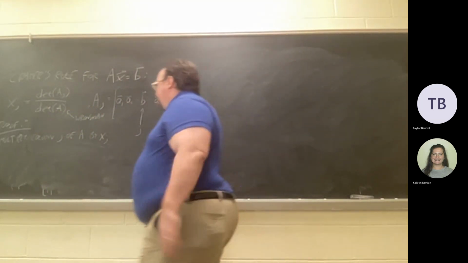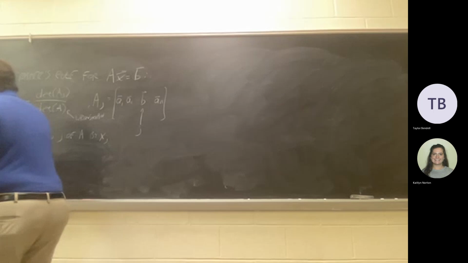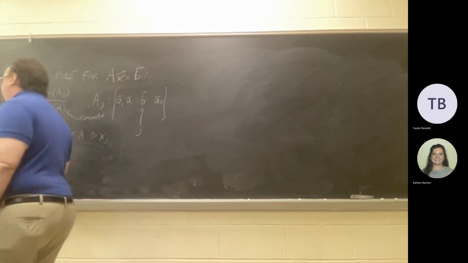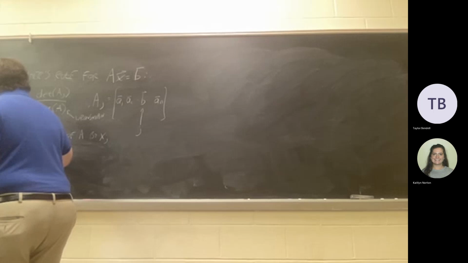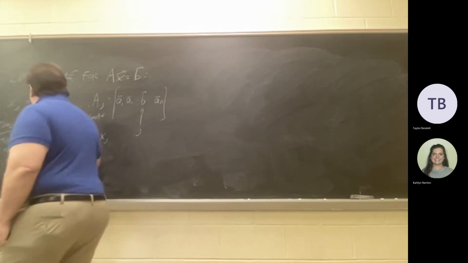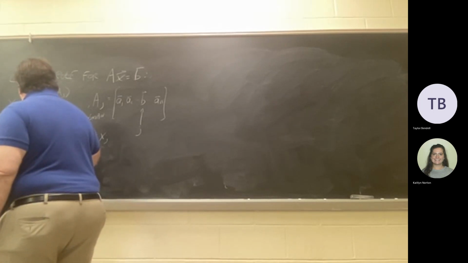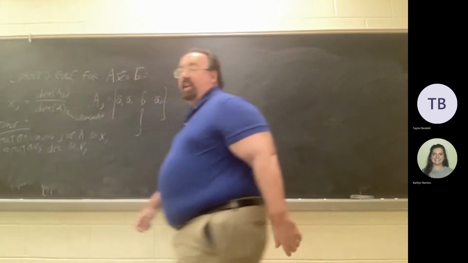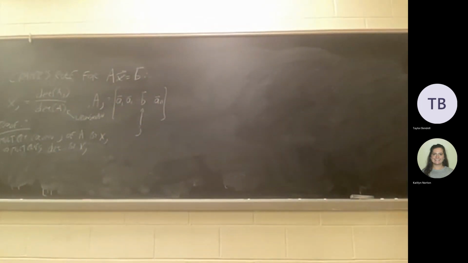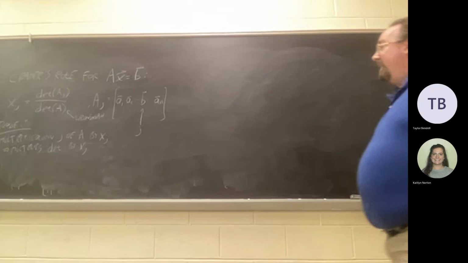And what happens is, whenever you multiply a column of a matrix by a number, that multiplies the determinant by that number. So scaling a row or a column scales the determinant. Okay.